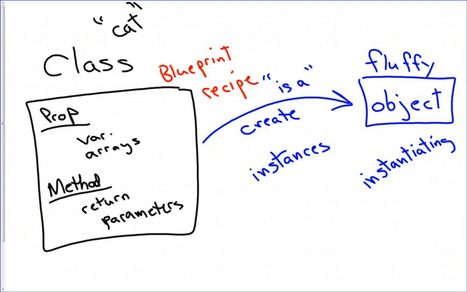Another way you could look at it, and this is my favorite way, is not a blueprint or a recipe, but that a class is a cookie cutter. You can use a cookie cutter to make lots of cookies. You can use blueprints. Like I can have blueprints for a house. Think about St. James itself. There's only really about 8 different types of houses in St. James.